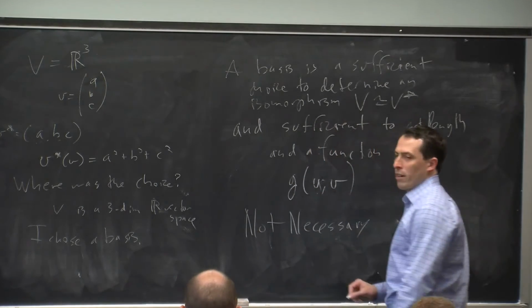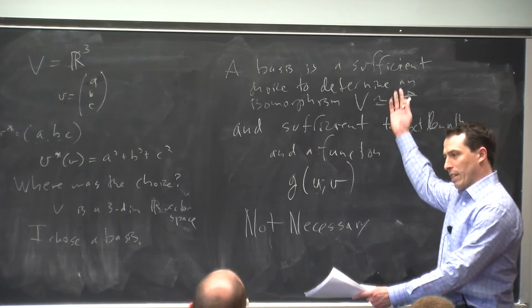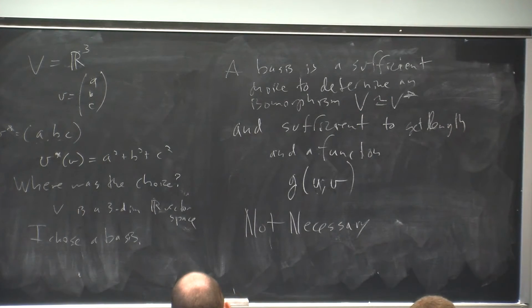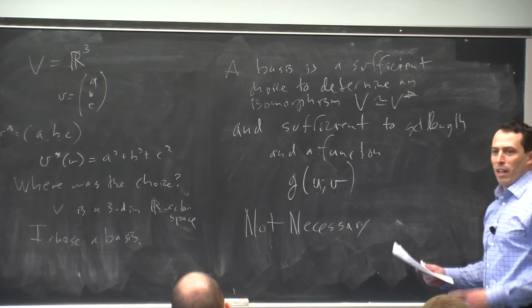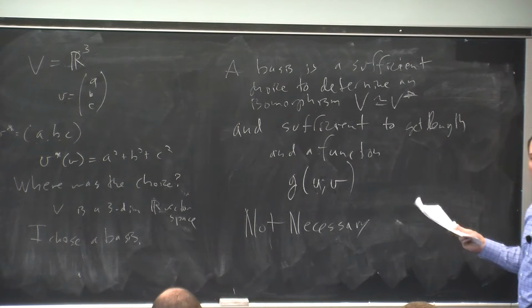That is, there's some weaker choice I can make that allows me to, for every vector, such as a vector in R3, identify another vector without choosing a basis. So that shouldn't be too surprising because I can measure the length of things in real space without picking a basis. Right? So there has to be some way that I can do that.